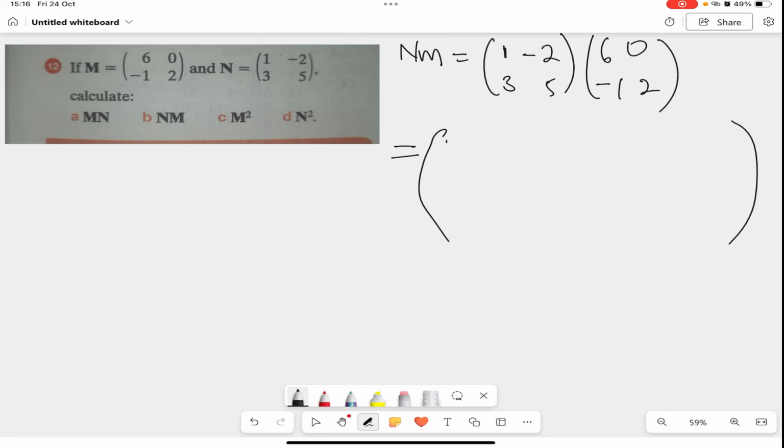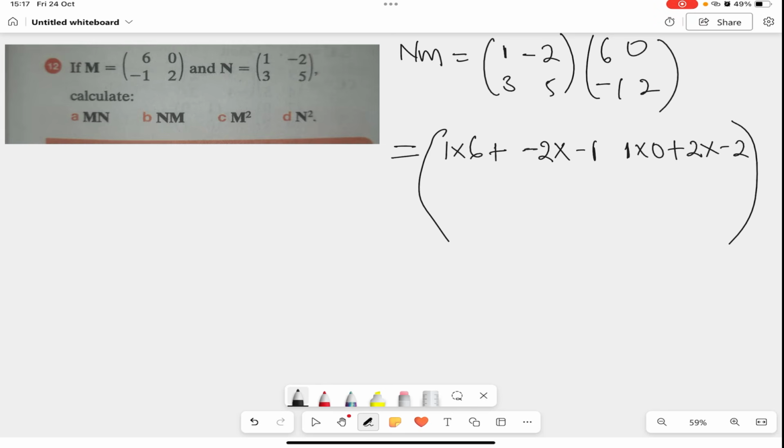We have a big matrix. Then we'll have 1 times 6 plus minus 2 times minus 1. That is this and this. For the other side, we would have 1 times 0 plus minus 2 times 2. We can interchange the signs of these two, so we're just having minus 2 times 2, or 2 times minus 2.